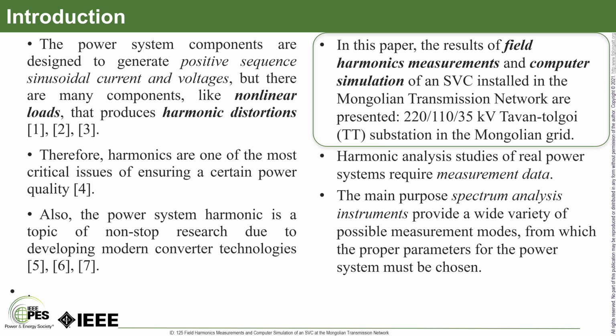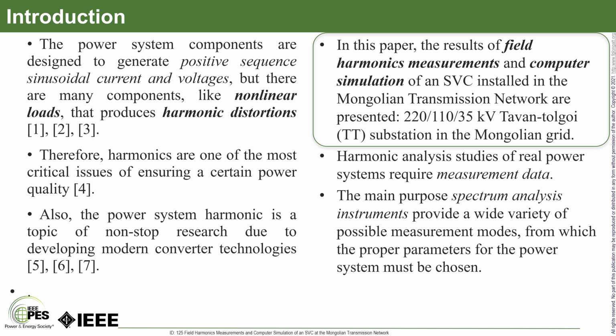In this paper, we present the result of field harmonic measurements and also a computer simulation using digital software of one static voltage compensator installed in the Mongolian power system, the Mongolian transmission network. We are talking specifically about a 3-level voltage substation, 220, 110, 35 kV, Tavan Tolgoi.